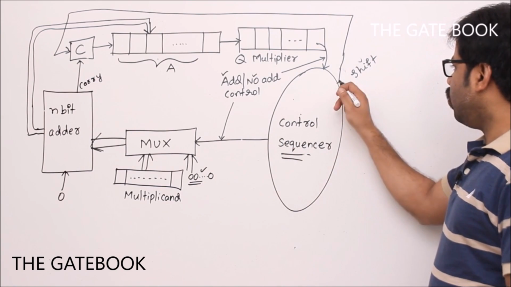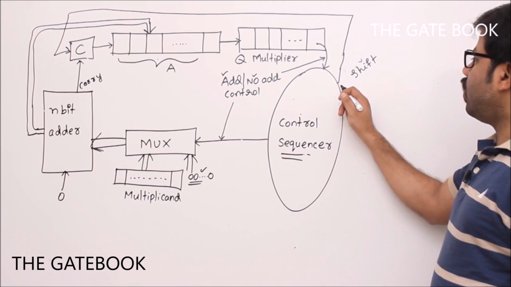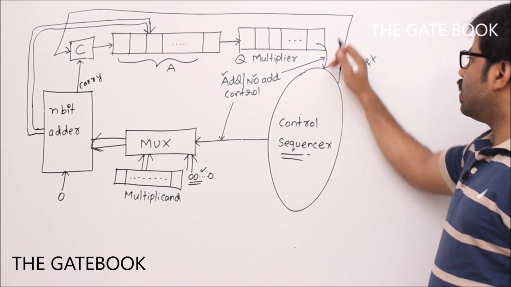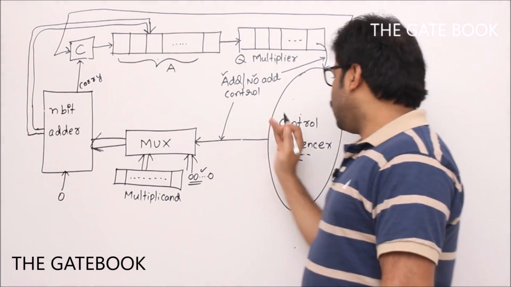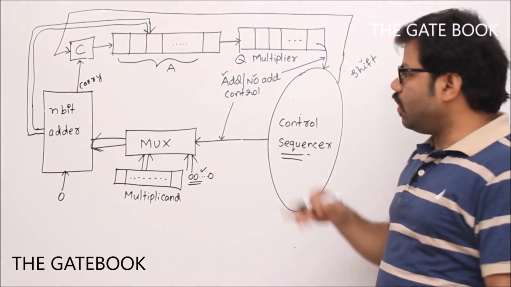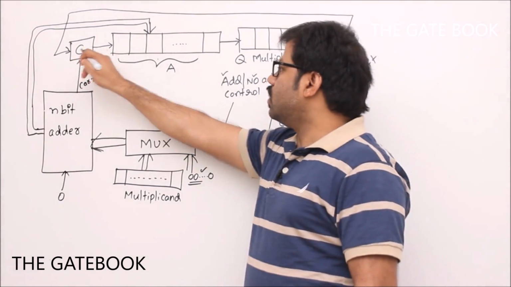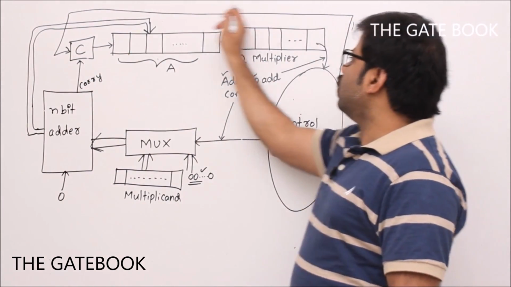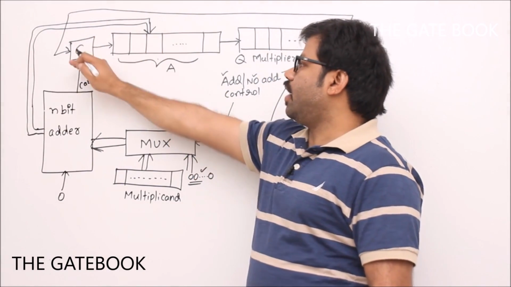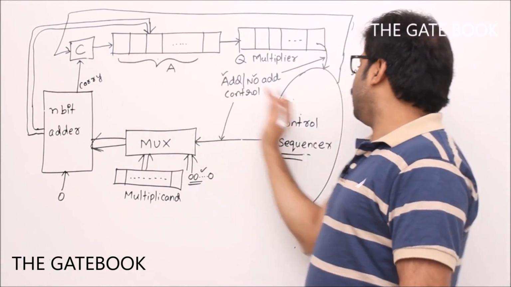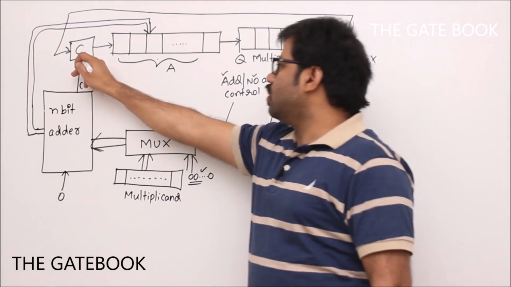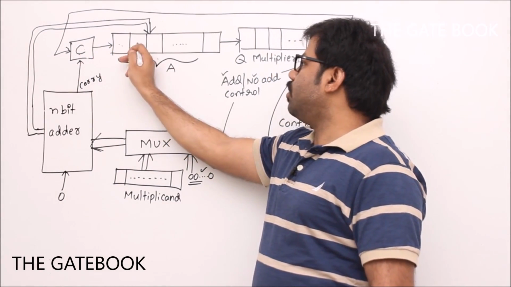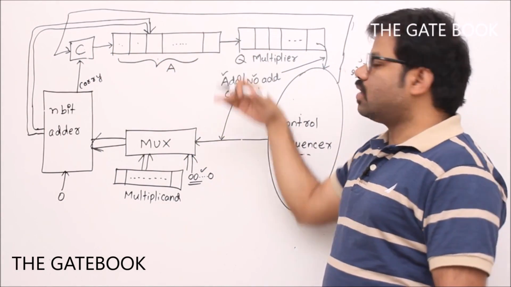One more thing it is going to have is the shift operation. The control sequencer decides when to do shift, and whenever it wants to do shift, see the diagram, there will be a right shift like this. C will be moved here. Maybe the control sequencer sends 0 here, this bit to here, this bit to here, in that way. So these registers are connected.